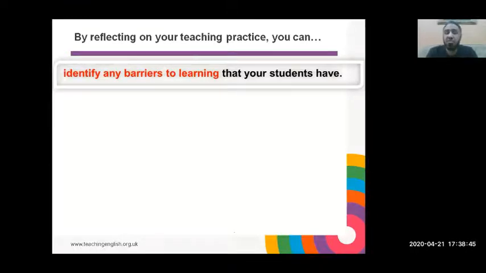After finishing, I have to reflect on my work and the activities that I have given the students. Then I'm going to identify any barriers to learning. What prevents the learning process with my students? What makes the learning process not fruitful? So I have to work on my own practice inside the class. And this is the first one. One benefit of the reflection is to identify any barrier to the learning process.